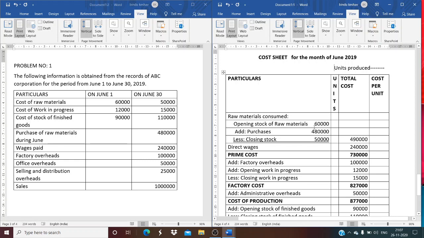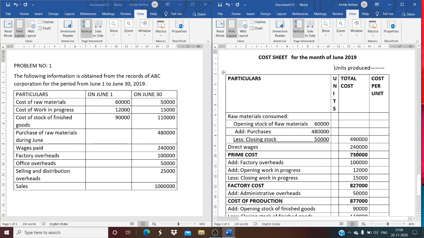So opening stock means last month's raw materials which were remaining in the stock, and this month we have purchased 4,80,000 and at the end of the month 50,000 was remaining. That means we have not used this 50,000, so we have consumed 4,90,000. Then direct wages. Direct wages paid 2,40,000 is given here.